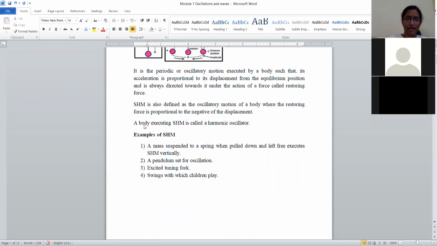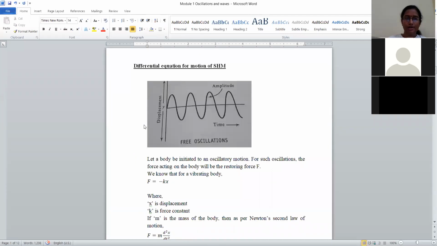So next, we shall discuss the differential equation for simple harmonic motion. We considered a bob making an oscillation in this way. When we plot a graph of displacement versus time, this is the time axis, this is the displacement axis.